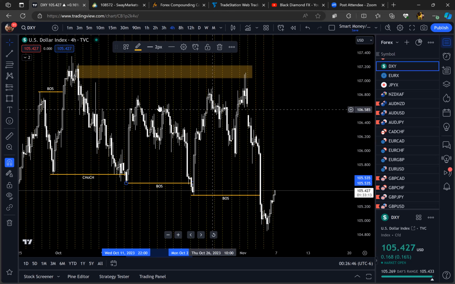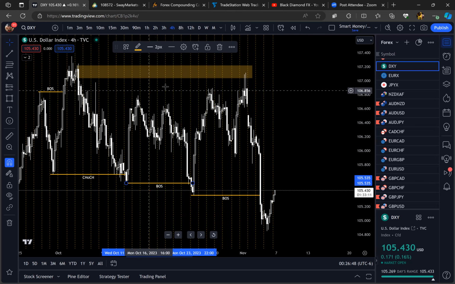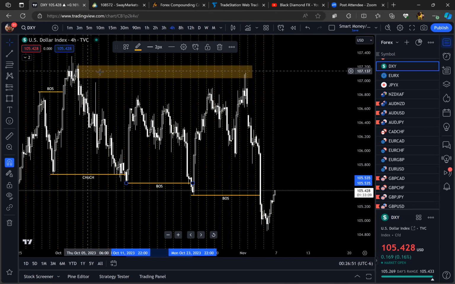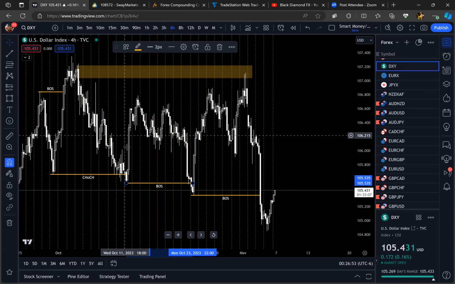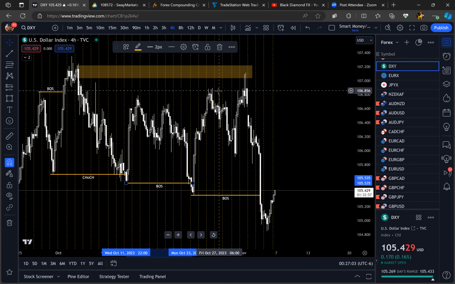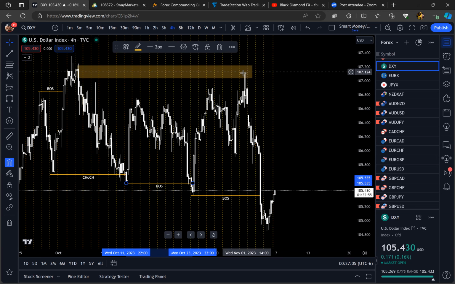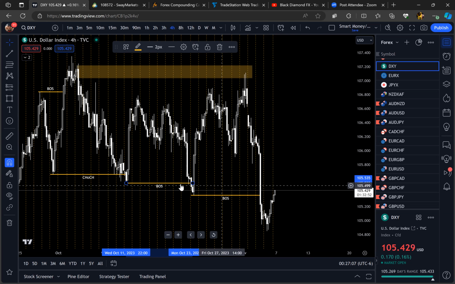And we got what's called an inducement right up in this area up in here. See how we had our order block that had not been mitigated yet. Price came up, people started selling. Now, on the 4-hour chart, these are some good sales. It's a lot of money up in there. But if you want to wait for the real sell, this was it right here. All right. And we broke structure. We changed character, then we broke structure once, broke structure twice.